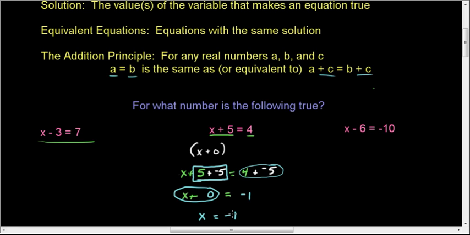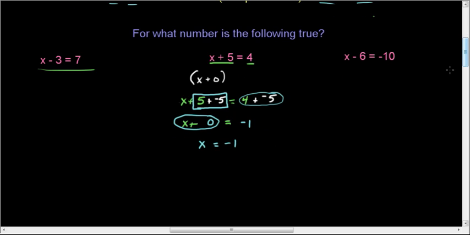Now to check this, to see, do I have it correct? Well, what I can do is take this value, and wherever I see an x back up here in the original equation, I can put that value in for x and see if it's true. So I have, I'm going to put this in yellow, negative 1 plus 5 equals 4.